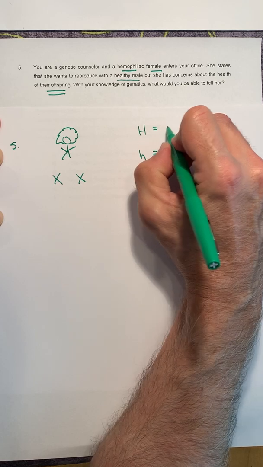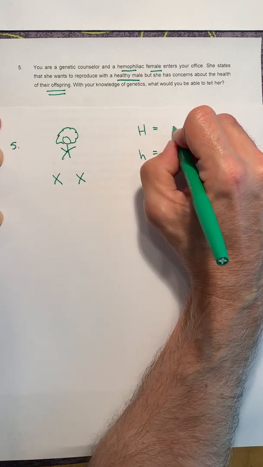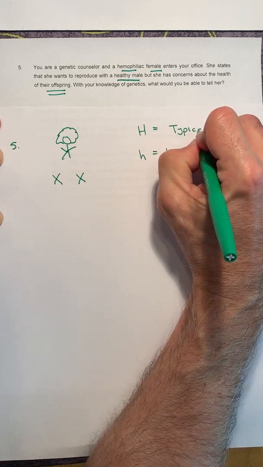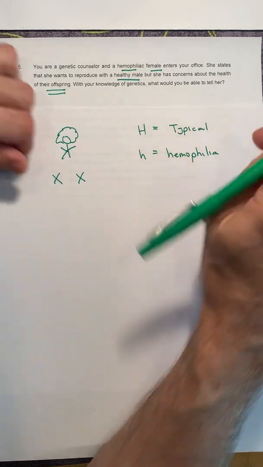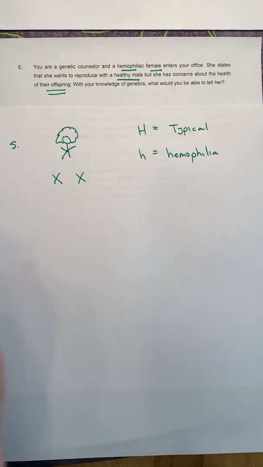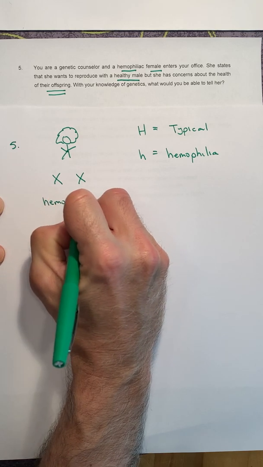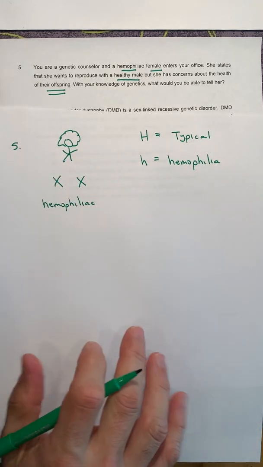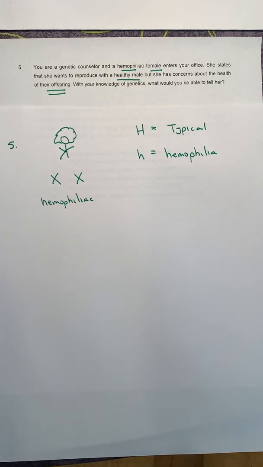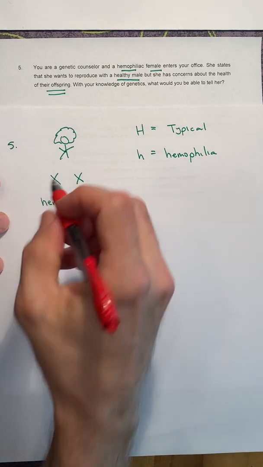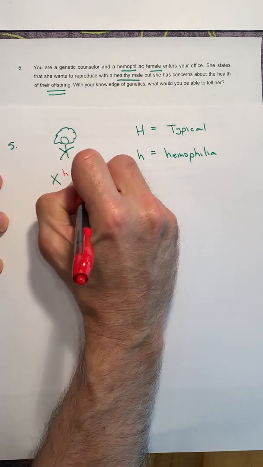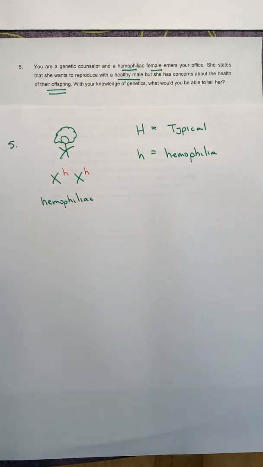That means your capital H, your dominant H, is typical, or your healthy condition. So if she is a hemophiliac, that means that she carries and expresses both copies, 2 copies, of the detrimental recessive allele. So that means as a female, she's this.